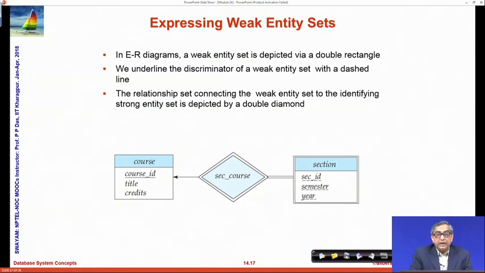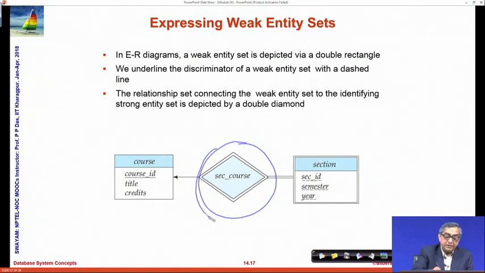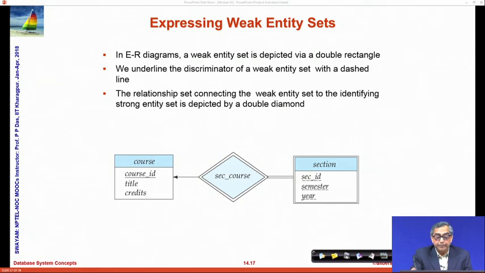The relationship set connecting the weak entity set to the identifying strong entity set is also special. The moment you have a weak entity set, you know that there has to be a relationship to the strong entity set which identifies it. So, that relationship sec course, which says course ID against this, is designated with a double diamond, so that you know that this is the identifying relationship between a weak entity set and the corresponding strong entity set.